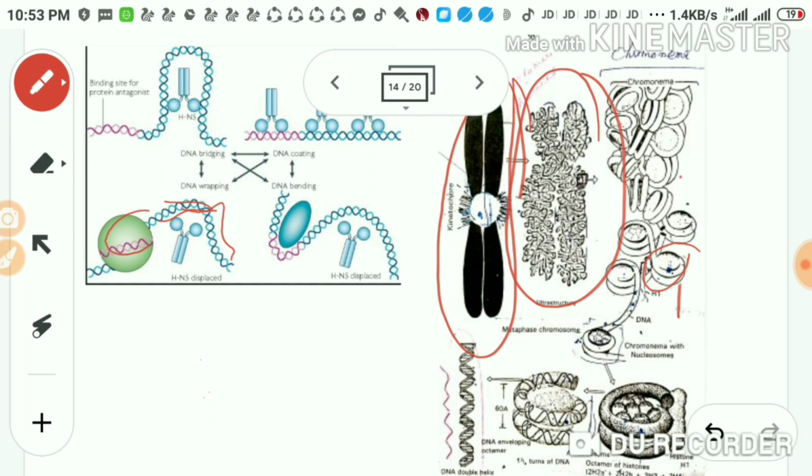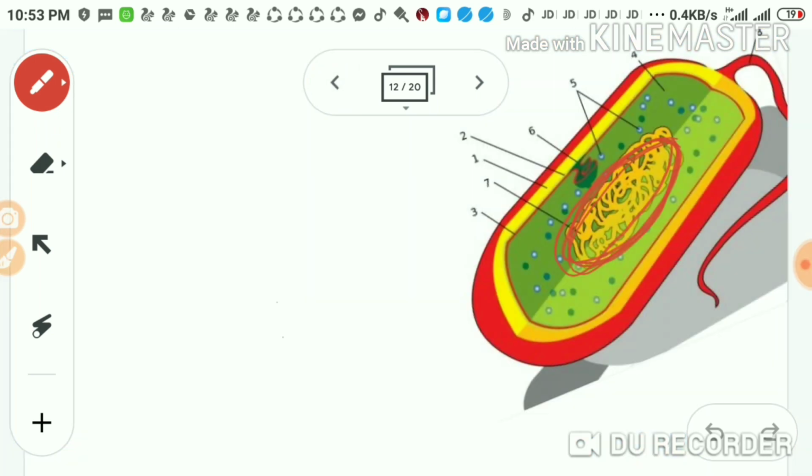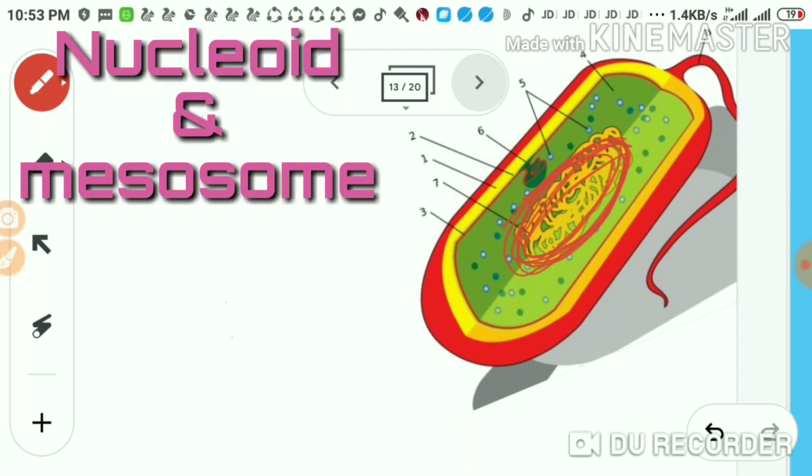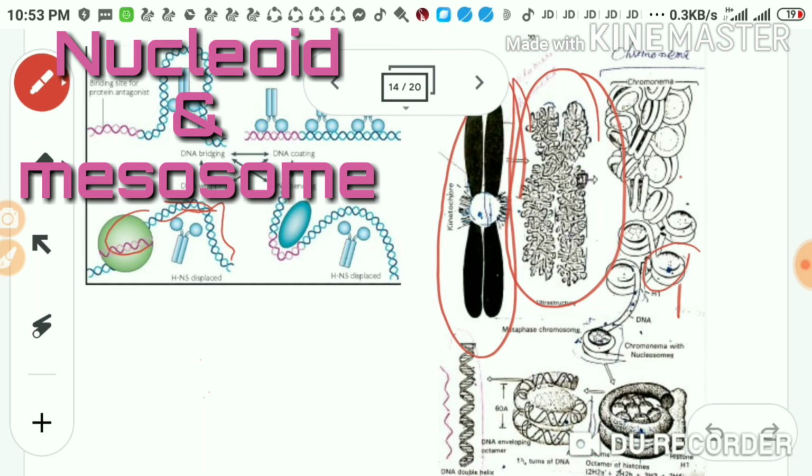They coil again and again, and finally we get this highly coiled structure. So that is the nucleoid.